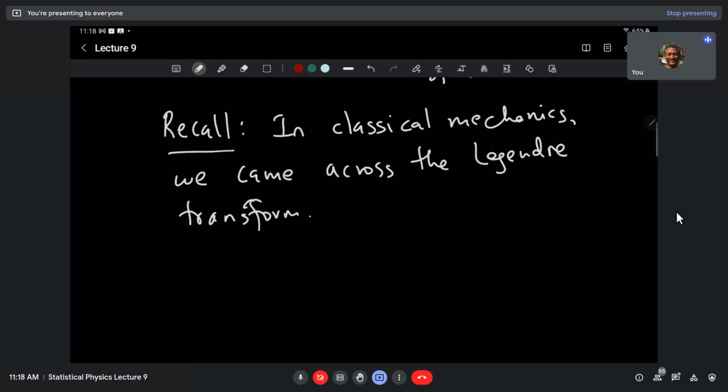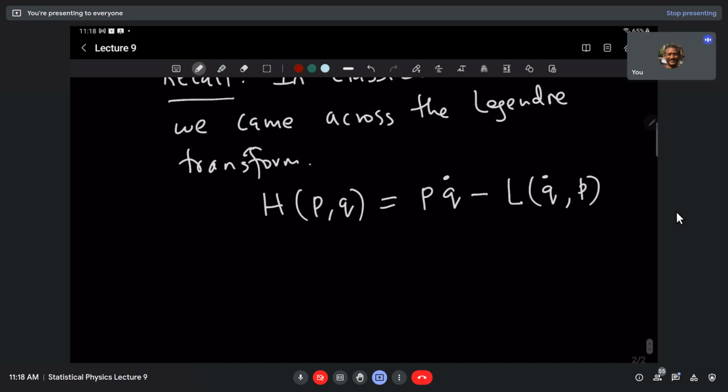Okay, and it was like H, which is a function of p and q, was p q dot minus L, which is a function of q and q dot. And the relationship for p was expressed in terms of dL by dq dot. This was one way of going.